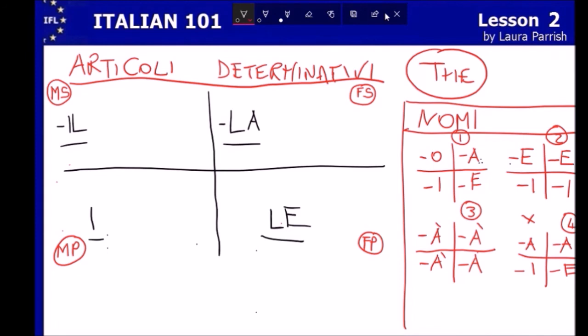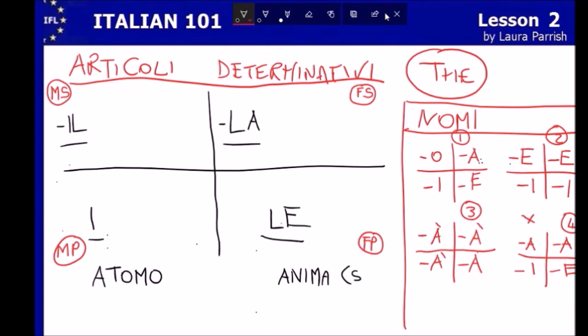Okay, let's say the word, for example, atomo. Atomo is an atom in chemistry. And for example, let's say anima. Wow, we go to spirituality because anima means soul.